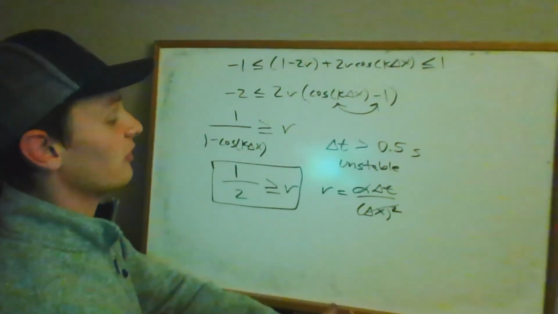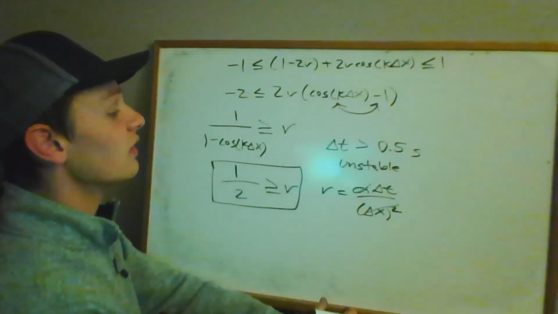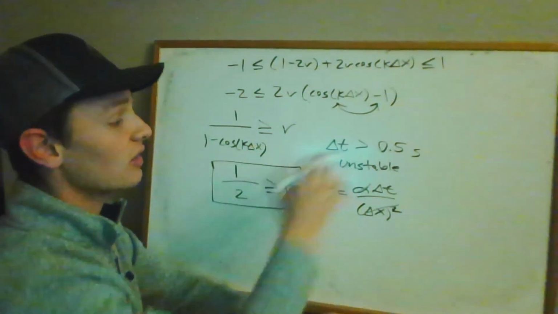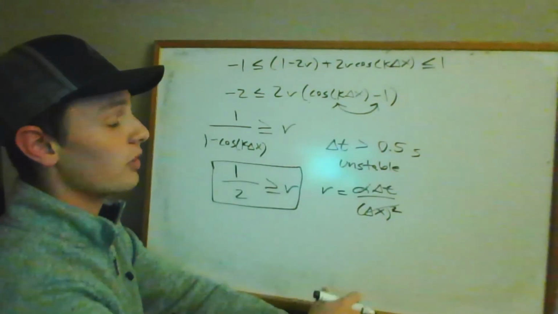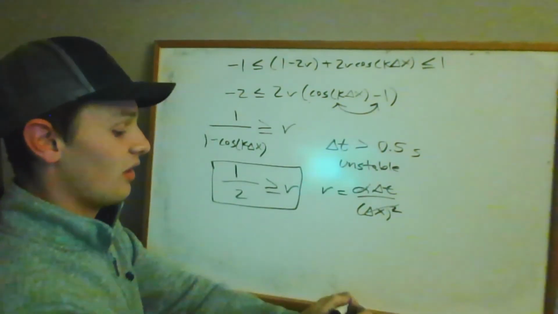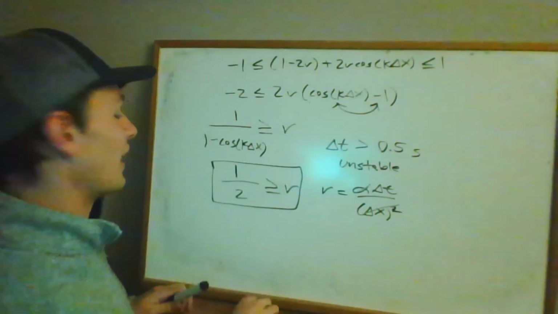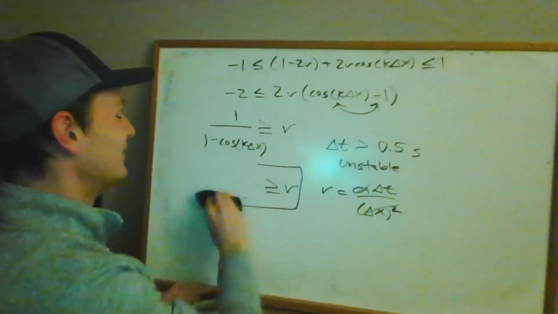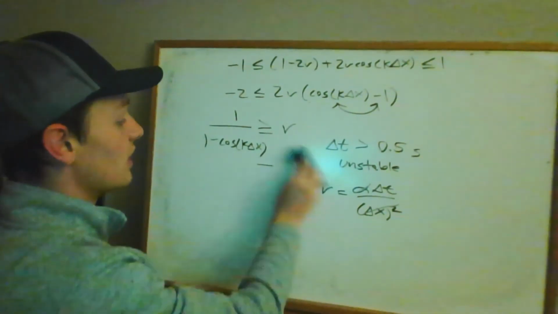And more specifically, it just verifies and supports the observation that we made in the previous video where we increased our time step above 0.5 seconds and our solution went crazy. The graph was insane. Okay, so that is our limit of stability.